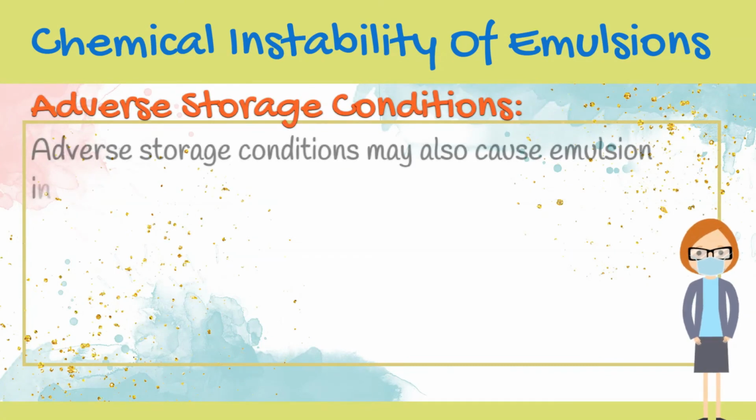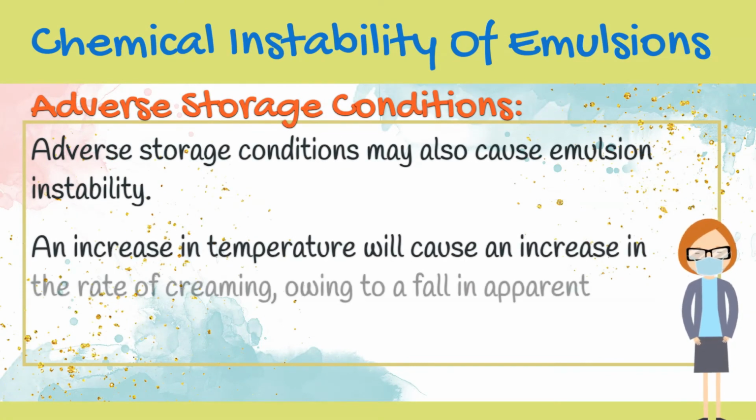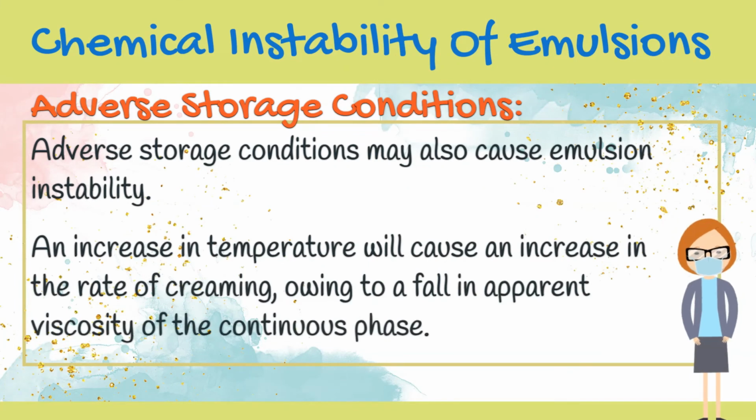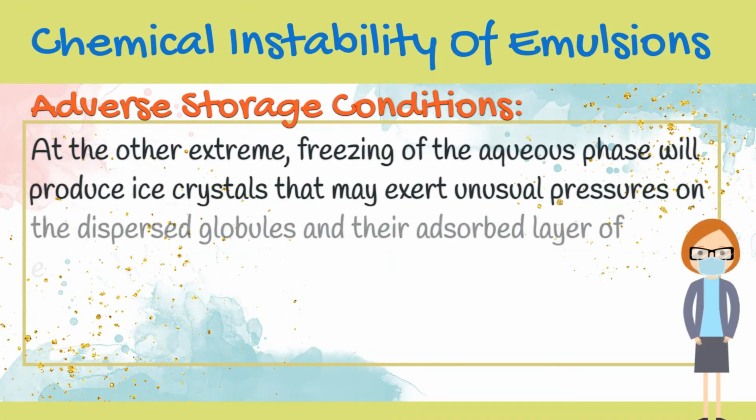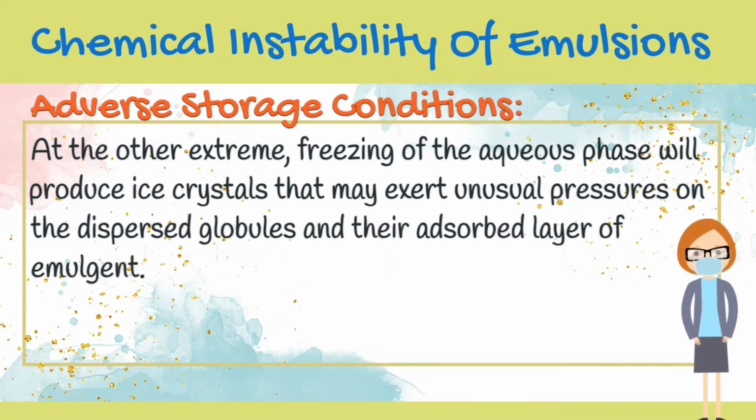Adverse storage conditions may also cause emulsion instability. It has already been explained that an increase in temperature will cause an increase in the rate of creaming, owing to a fall in apparent viscosity of the continuous phase. At the other extreme, freezing of the aqueous phase will produce ice crystals that may exert unusual pressures on the dispersed globules and their adsorbed layer of emulgent.